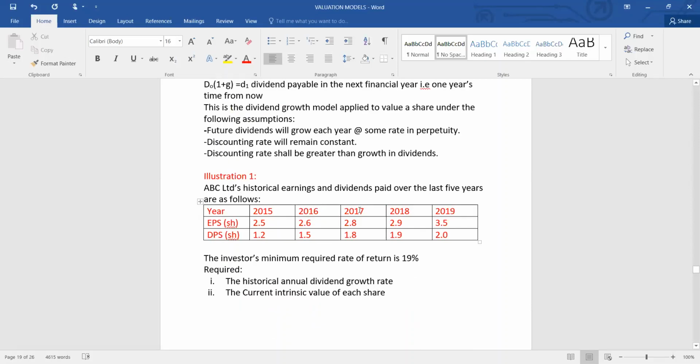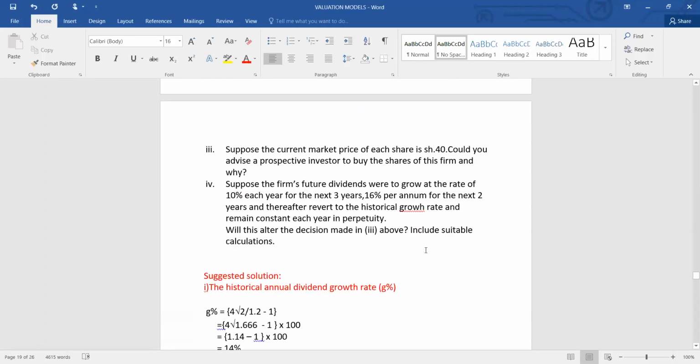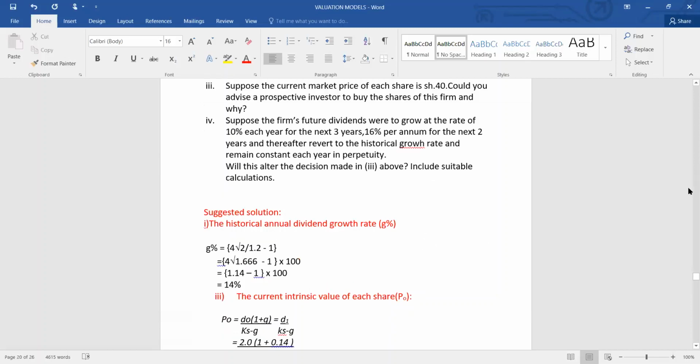The investor's minimum required rate of return is 19%. Required: historical annual dividend growth rate, and current intrinsic value of each share. Historical annual dividend, not earnings. Annual dividend growth rate. Now there's a formula which we usually use. I know you guys are familiar with this formula.